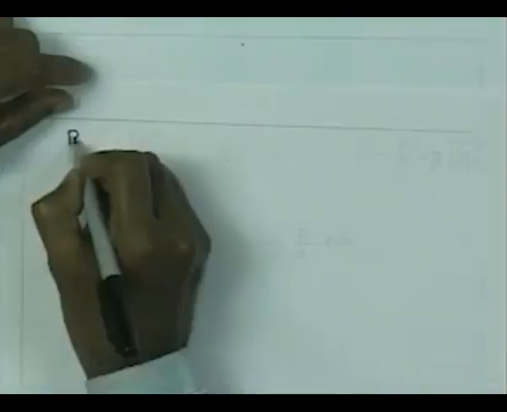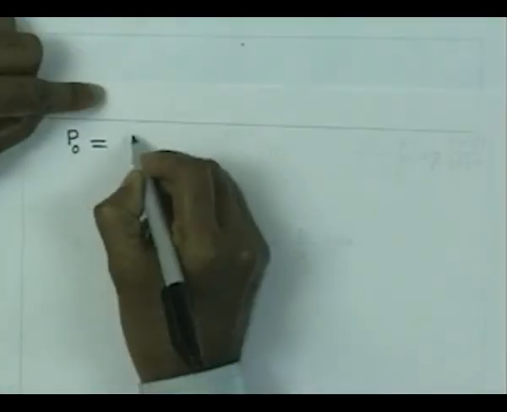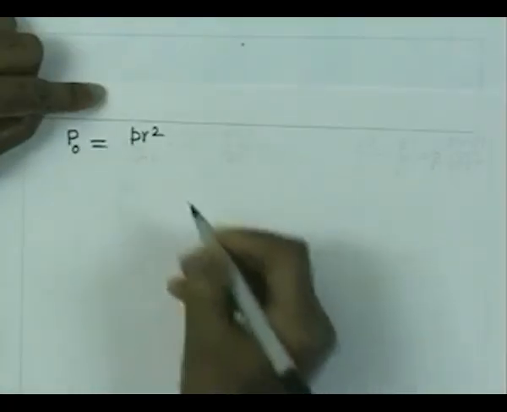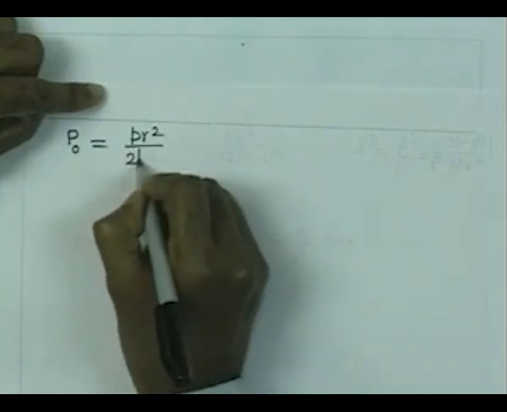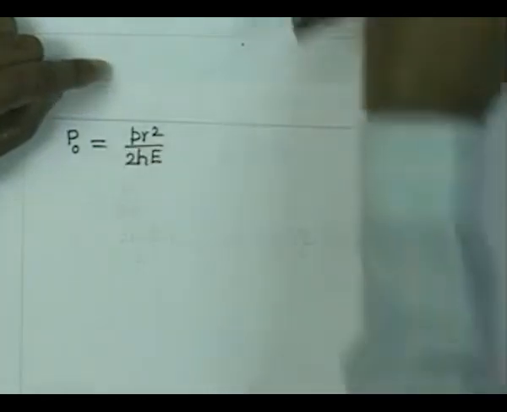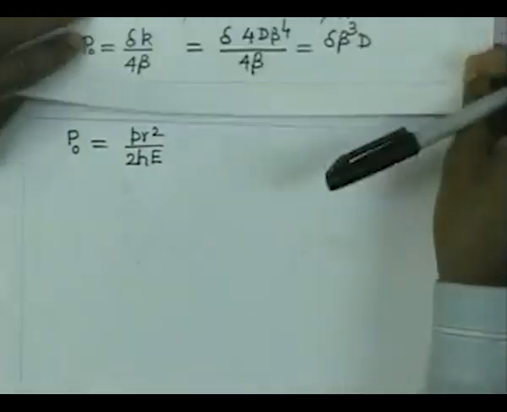Now, under the action of these forces, it is good to see what is the variation of stress. So, we can now write P0 as PR square by twice HE. I am just trying to write the value of these parameters.